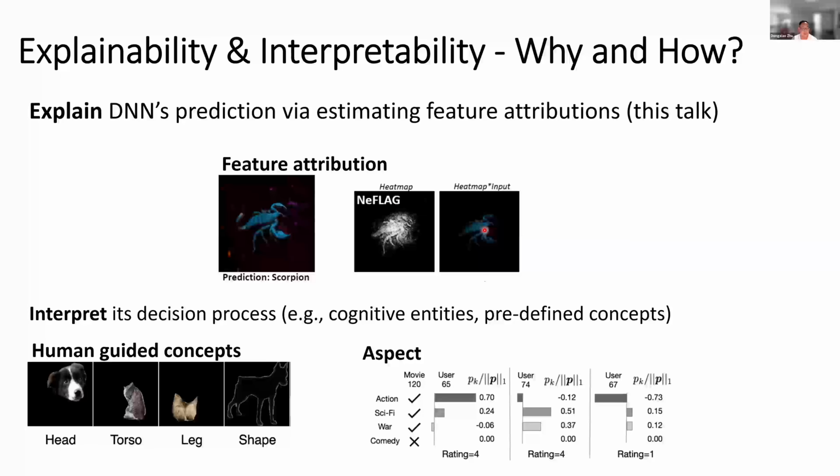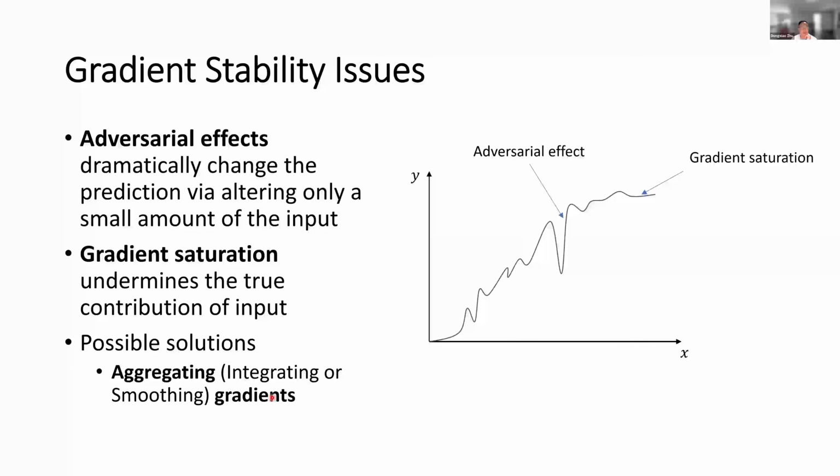In other cases, we can also use a predefined concept to define what the real features are. The reason we do that is that the explanation approach is very unstable. So we first try to ensure our explanation is correct and stable before we try to find the spurious features.